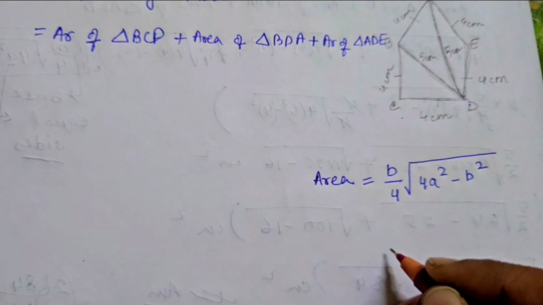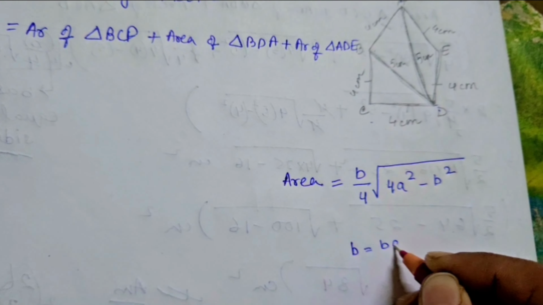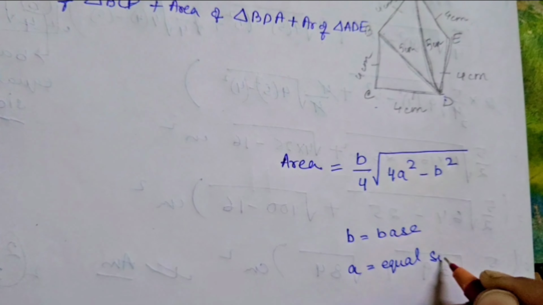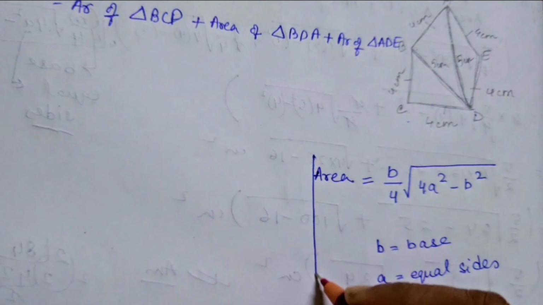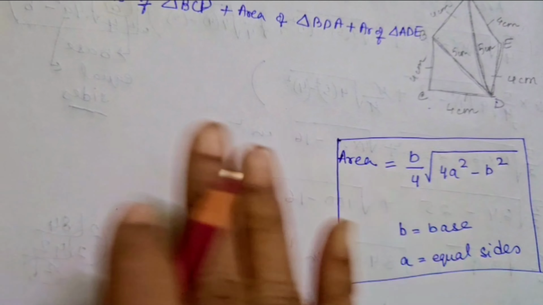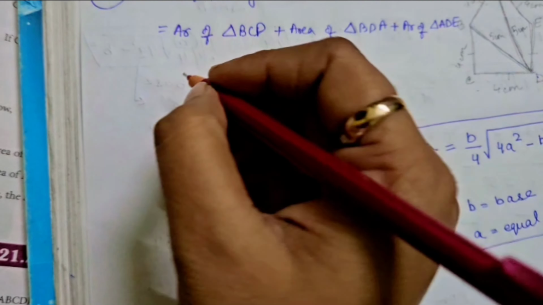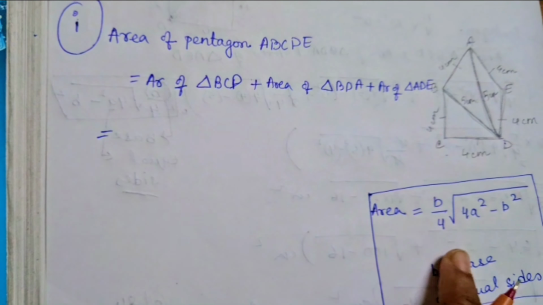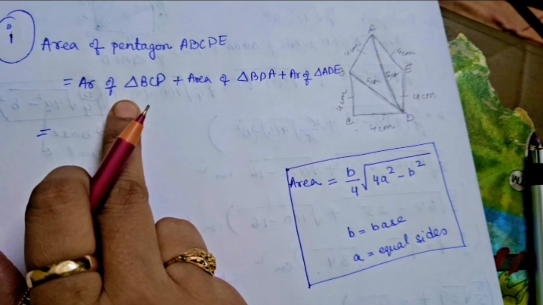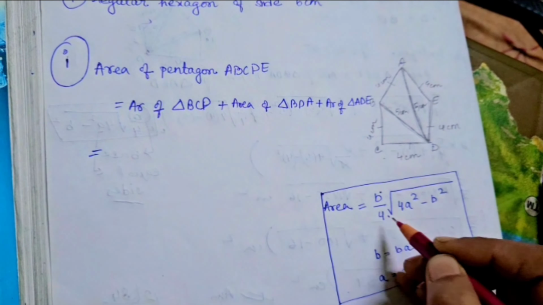In this, b is the base and a is the equal side. Let's keep it in a box as of now, so it does not get mixed up. According to this formula, we will find the area of each isosceles triangle.